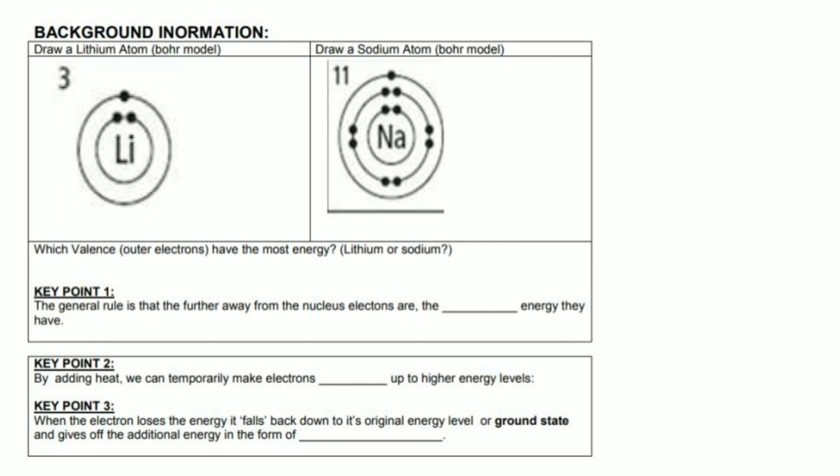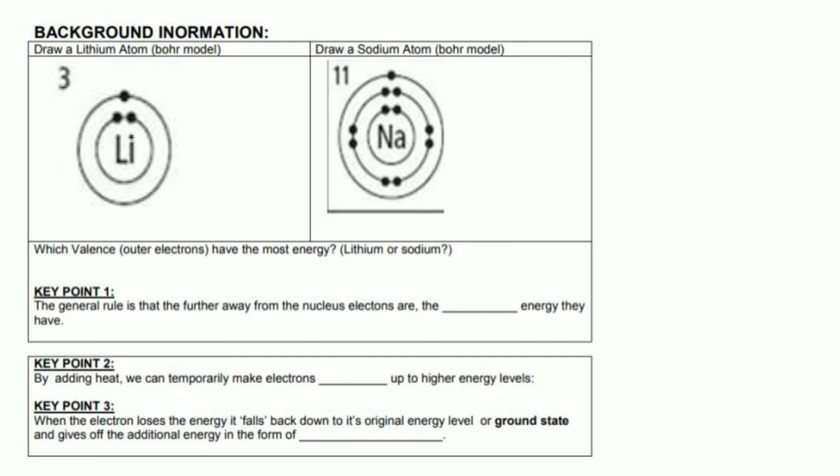Let's look at this example looking at atoms of lithium and sodium. Both lithium and sodium have a valence of 1, but sodium's valence electron has more energy because it is in the 3rd electron ring or principal energy level, while lithium's is only in the 2nd.